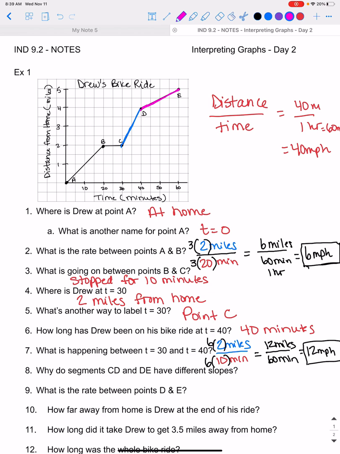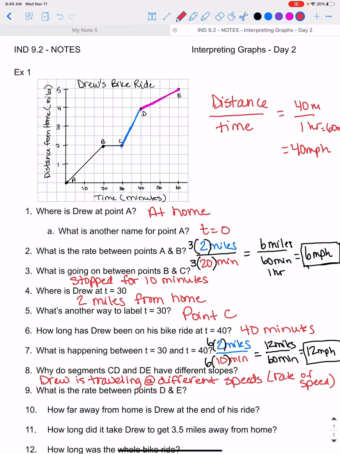Because Drew is traveling at different speeds or rates of speed, right? At different speeds. And you can also think of that as a rate of speed. Okay, basically miles per hour.